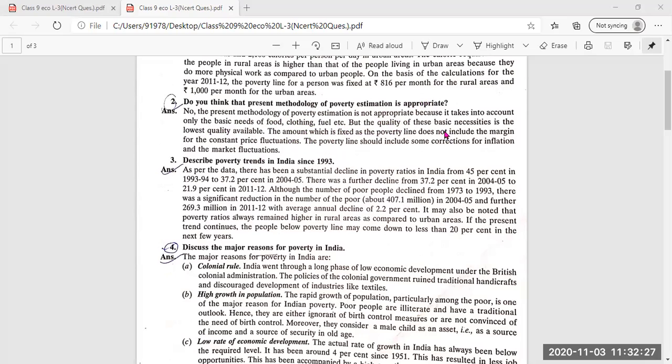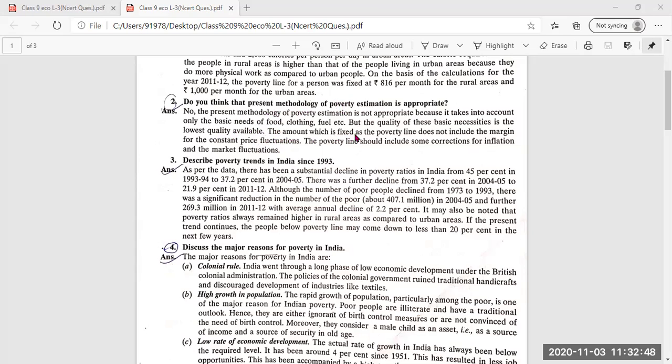But the quality of these basic necessities is the lowest quality available. Though each and every person has food, clothing, and fuel, the quality of these things is poor. So we say that the present methodology of poverty estimation is not fit.